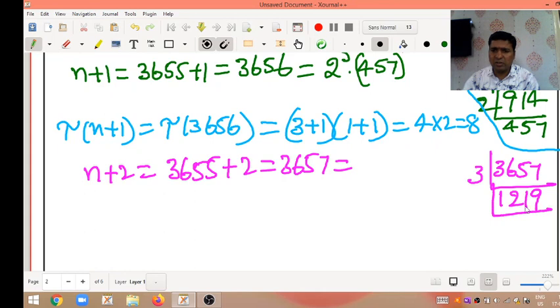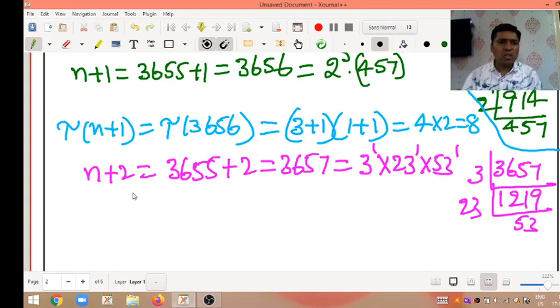Again this will be divisible by 23, 53 times. 23 into 50 times, 12 19. So, my dear students, this becomes 3 into 23 into 53. That means powers 1, 1, 1.